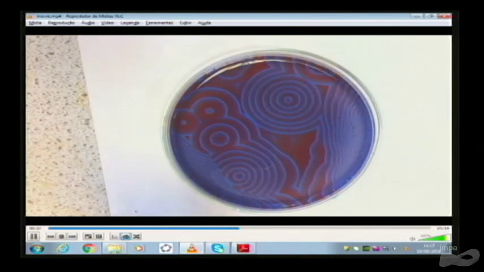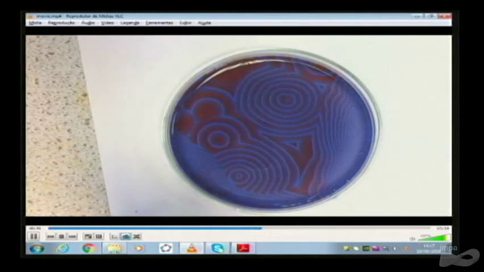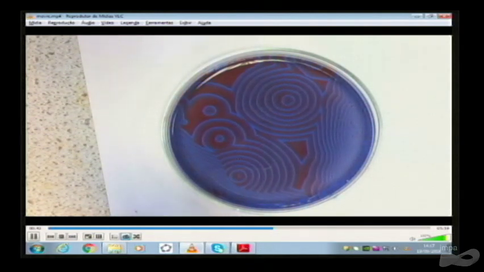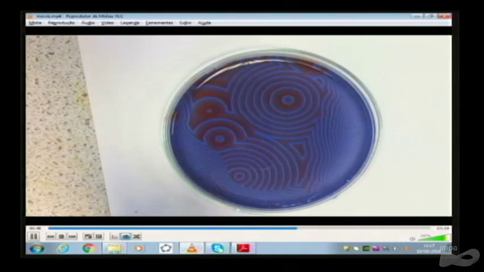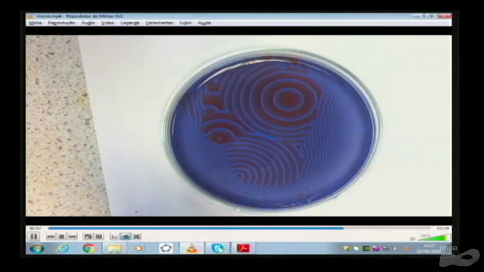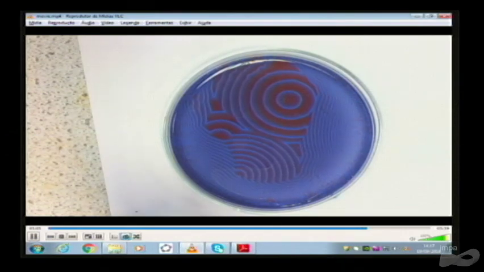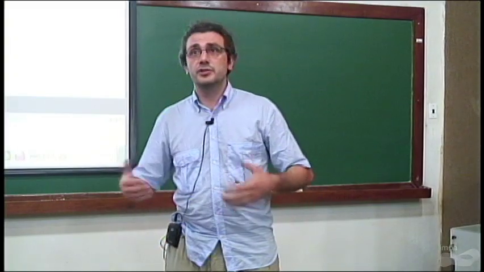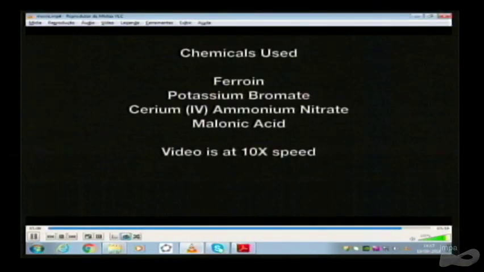And at some point, Belousov was a Russian chemist that was working on finding non-organic analogues of the Krebs cycle of cellular respiration, and he found this chemical reaction that is oscillating, and it oscillates as a nonlinear oscillator.